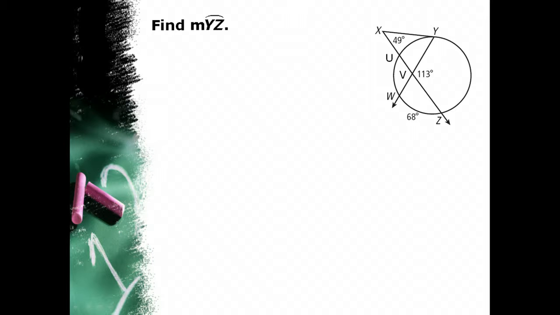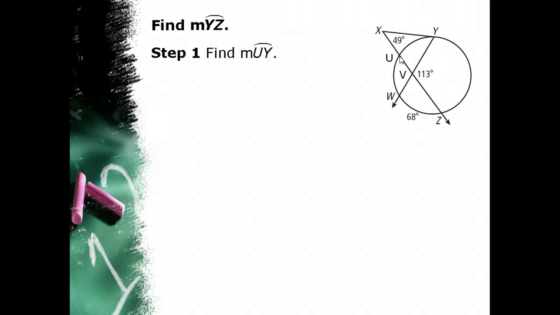It's a two-step problem, finding the measure of arc YZ. Step 1, we have to find UY. We know that YXV, or VXY, whichever way we want to say it, is 49 degrees.